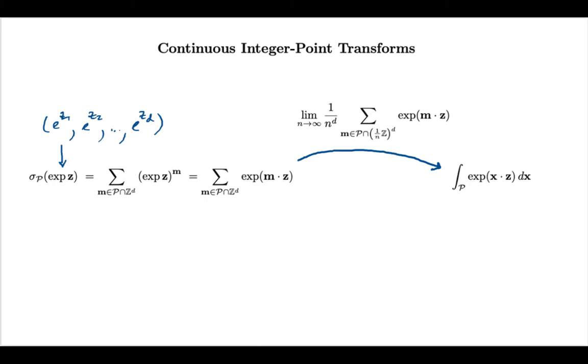This will be the theme of today's video. We will show how to go from Brion's theorem that we discussed in the previous chapter to sort of an integral version of it. And one step in the proof of this continuous version of Brion's theorem will be precisely this limit. But in the next video, we will actually show how, in some sense, to go from the integral to the discrete integer point transform.